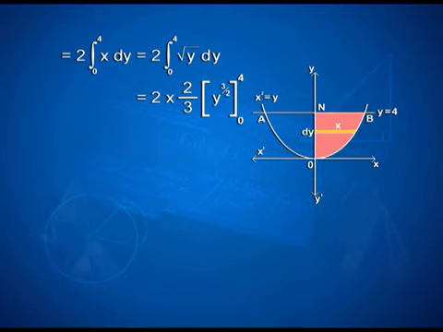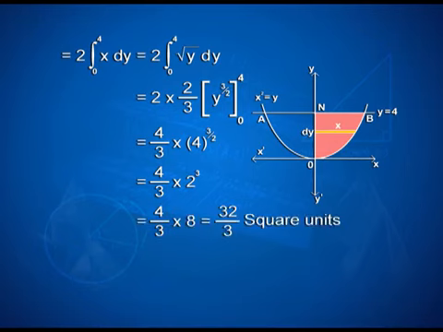On applying limits, we have 4 upon 3 into 4 power 3 upon 2, that gives 4 upon 3 into 2 power 3, that is equal to 4 upon 3 into 8, that gives 32 upon 3. We have taken horizontal strips as indicated in the figure to calculate the area.